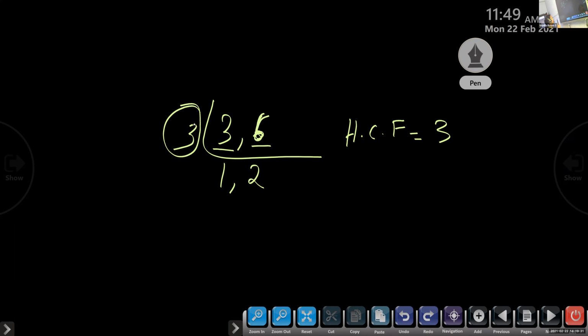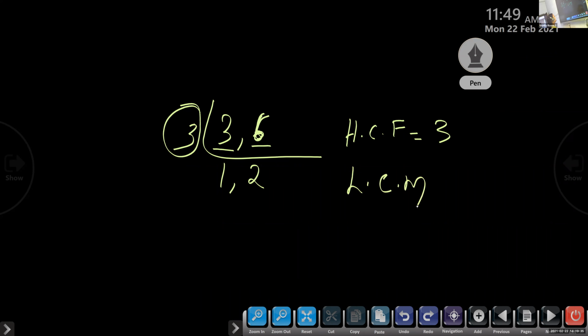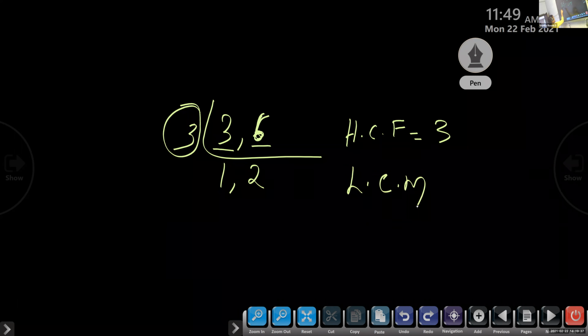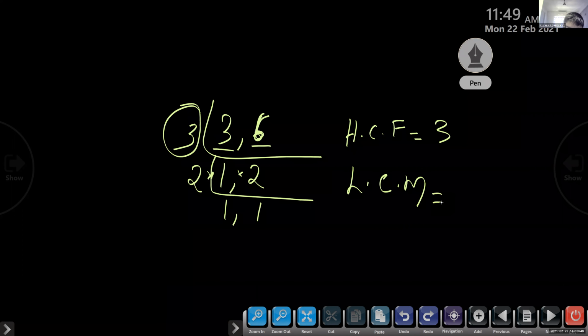We will take only that. Now we are finding the LCM, least common multiple, so we have to multiply this 1 into 2 also. Here I will do one more step: 2 and 1, 1, then 1. So children, the LCM is 3 into 2.